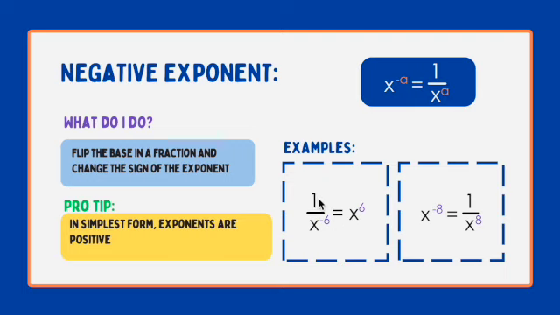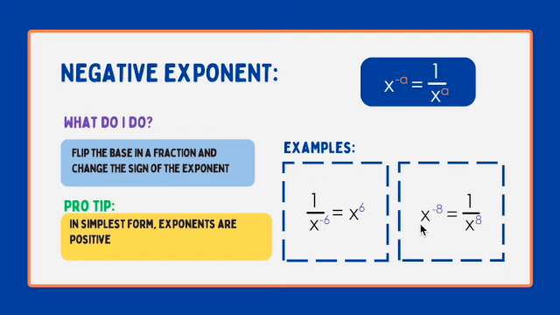Like in this example, 1 over x raised to the power negative 6. Here x is in the denominator, but since the exponent is negative, I flip it and change it into the numerator. In the second example, x raised to the power negative 8, I have x in the numerator.